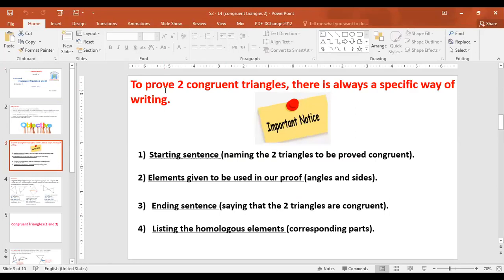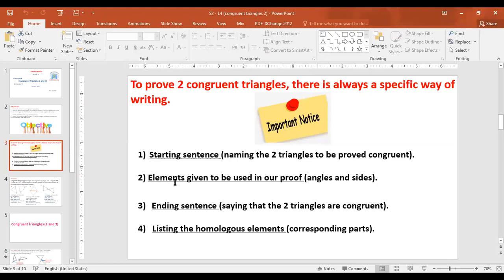To prove two congruent triangles, there is always a special way of writing. Number 1, starting sentence: name the two triangles to be proved congruent.